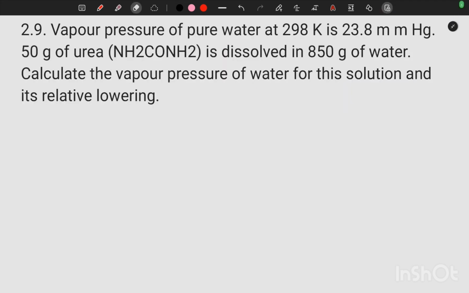Question: vapor pressure of pure water at 298 Kelvin is 23.8 millimeter mercury. 50 gram of urea is dissolved in 850 gram of water. Calculate the vapor pressure of water for this solution and its relative lowering. So here vapor pressure of pure solvent is given as 23.8. So P10 is equal to 23.8 millimeter mercury. Then mass of solute is given as 50 gram.